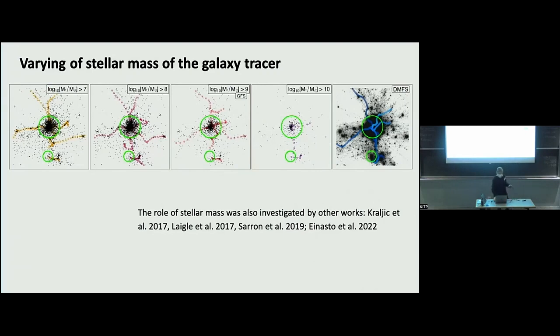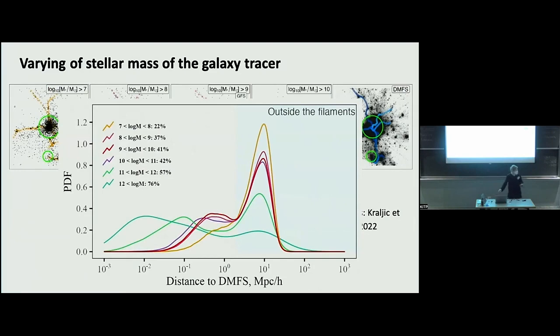And to support this, we measure the distance from the galaxies of certain mass to the dark matter filament system as the reference, and you can see that for the most massive galaxies, mass 10^12, more than 70% of them are found near the dark matter filament system.